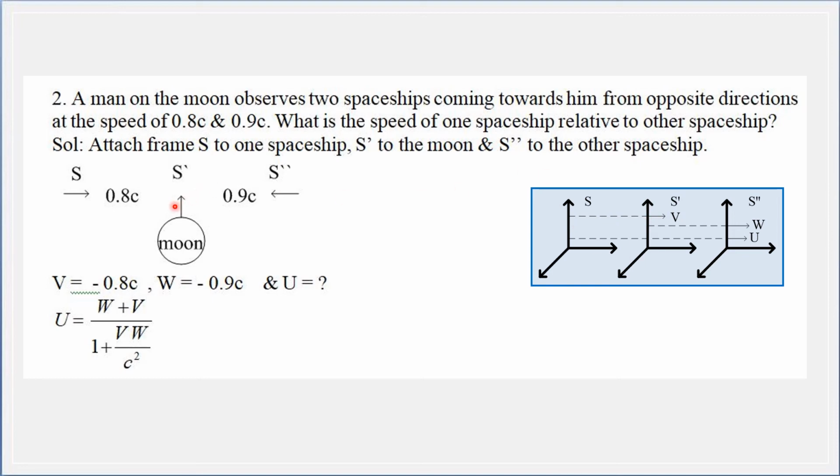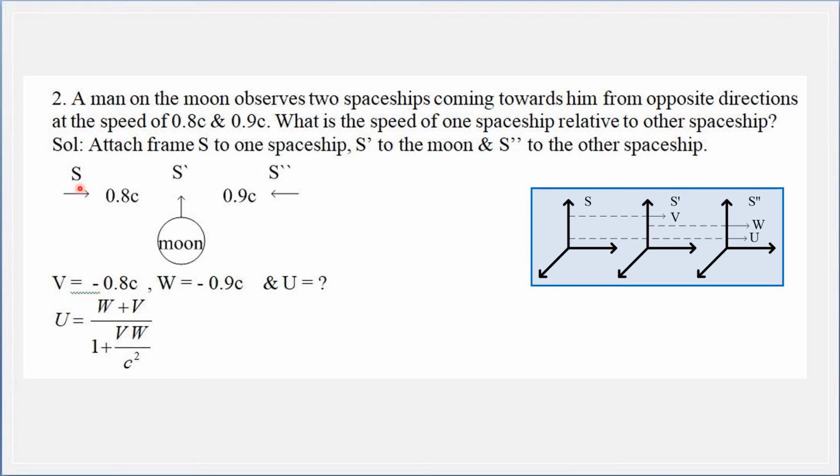So the first frame is coming toward the second frame. That means with respect to the second frame, the first frame is coming towards him. That means with respect to the first frame, the second frame is coming towards the first frame. That means the observer on the moon appears to come towards the spaceship S.